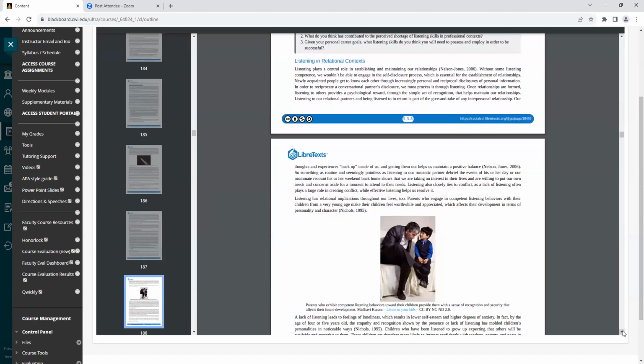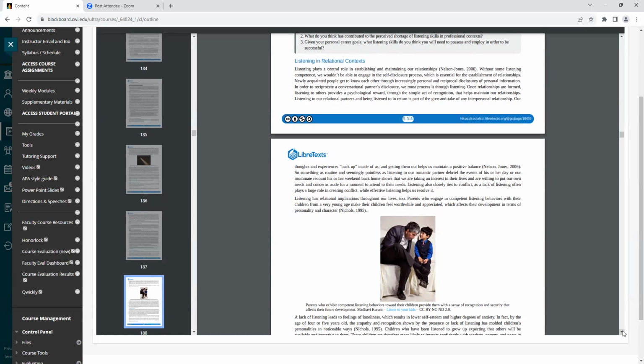Listening in relational contexts. Listening plays a central role in establishing and maintaining our relationships. Without some listening competence, we wouldn't be able to engage in the self disclosure process, which is essential for the establishment of relationships. Newly acquainted people get to know each other through increasingly personal and reciprocal disclosures of personal information.